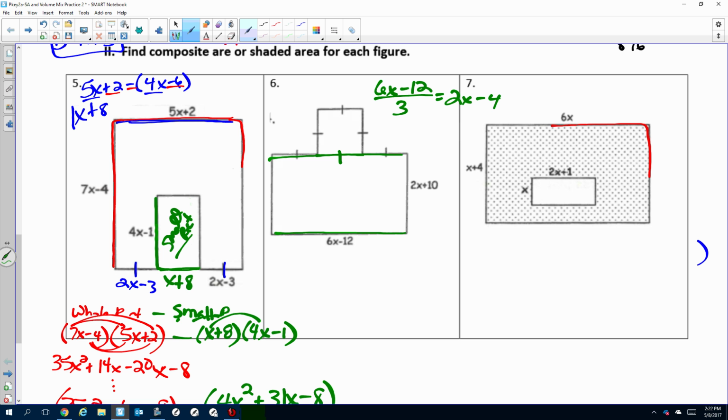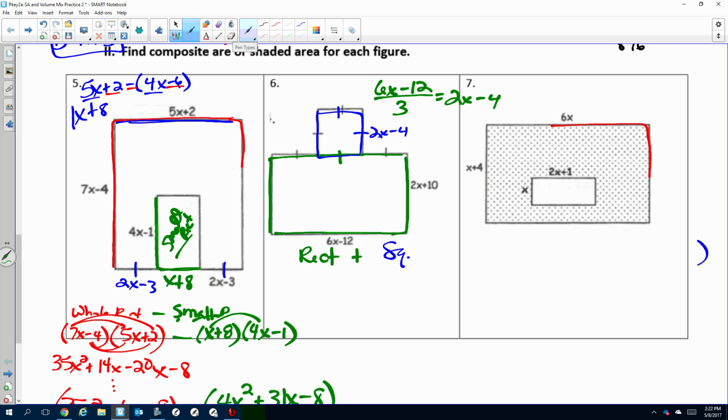So now I'm going to break it down into two rectangles: this rectangle here and the small square that I have up top. Now I know each side is 2x minus 4. So the rectangle plus your square will give you your composite.